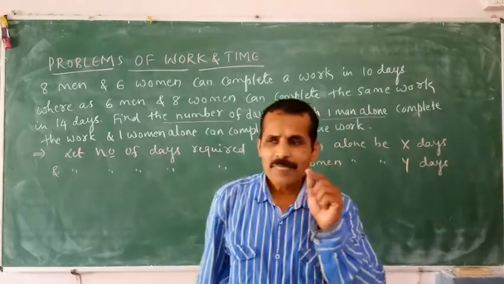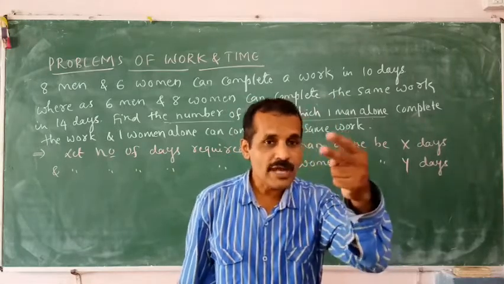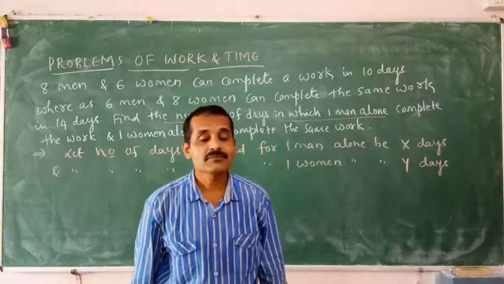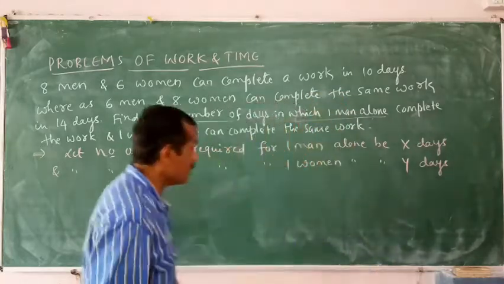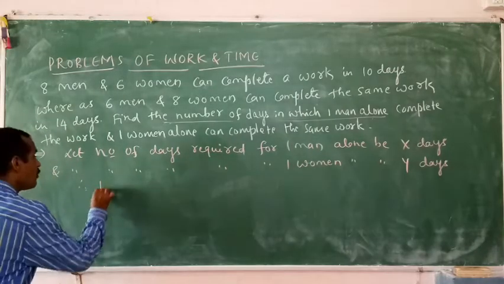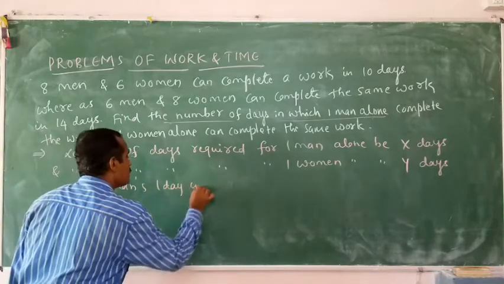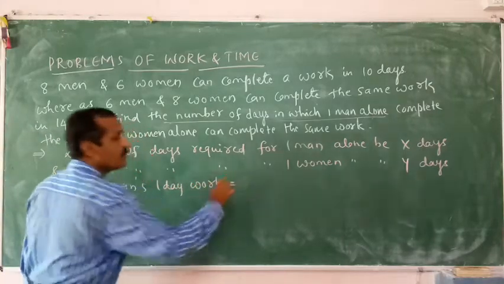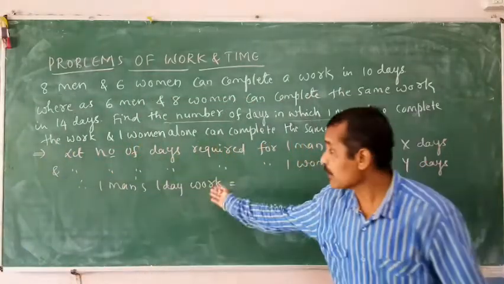My dear children, after writing these two sentences, you should not read the problem. You have to write 2 more sentences, and those 2 sentences are very important. What I will write? Therefore, you might not have understood the meaning of this.